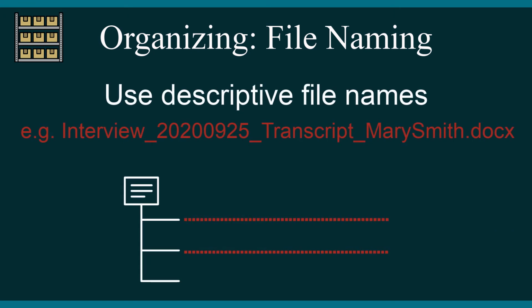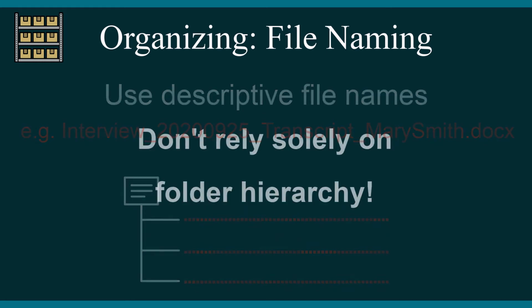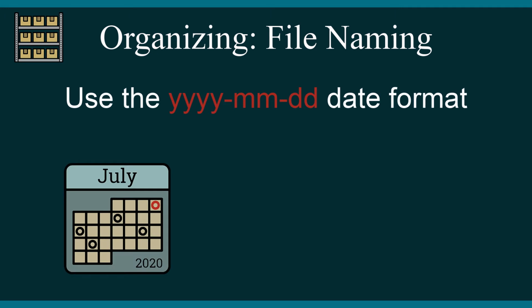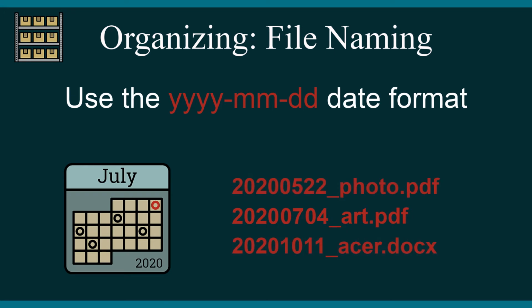It's important to use descriptive file names that reflect the file contents, so you can find files easily without close examination. Don't rely solely on folder names. When using dates, use 4-digit year, 2-digit month, 2-digit day format so the files can be sorted chronologically.